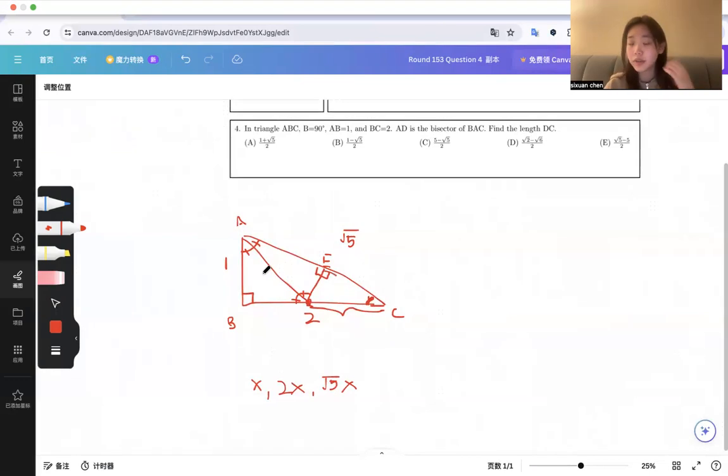So they are not only similar, but also congruent, because the side lengths are all the same. Because AB has a length of 1, AE must also have a length of 1. So the length right here is root 5 minus 1.